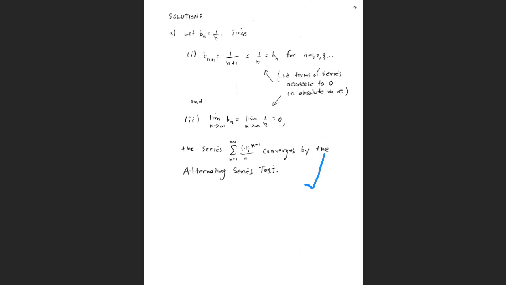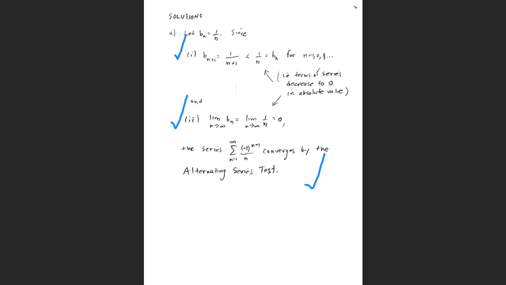So a lot of times with the alternating series test, you can almost just look at the series. The conditions are so easy that they're basically easy to establish.